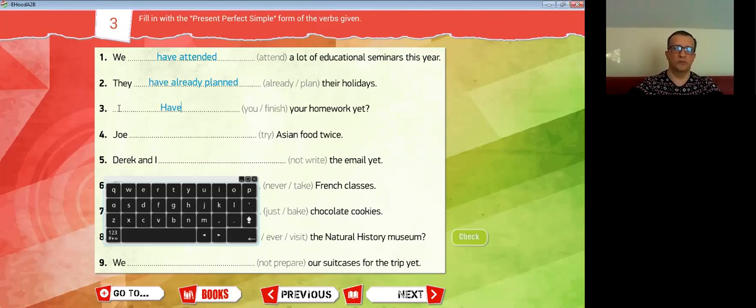So the auxiliary verb, the helping verb is have. Then there will come the pronoun, the subject. Have you, and the third form of finish. What is the third form of finish? This is a regular verb, so it will take an ed form. Have you finished your homework yet?